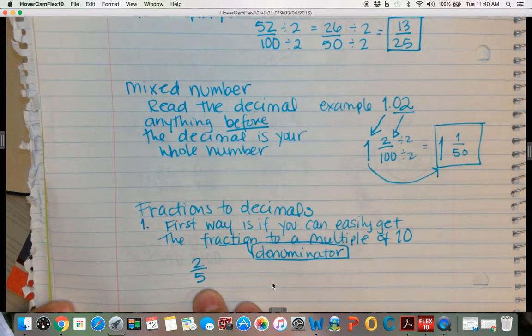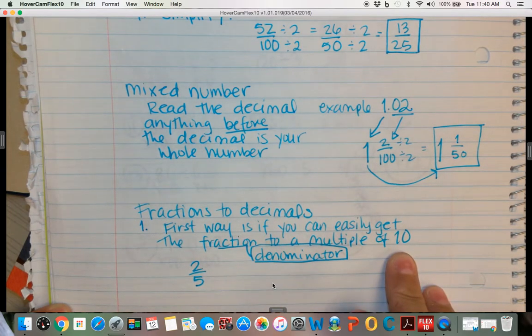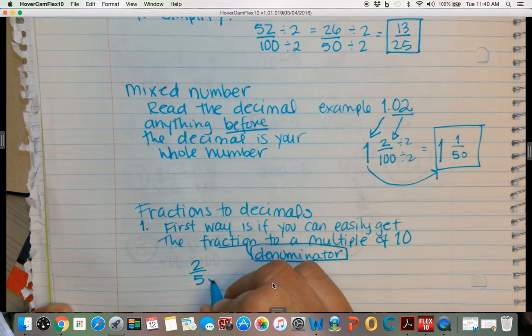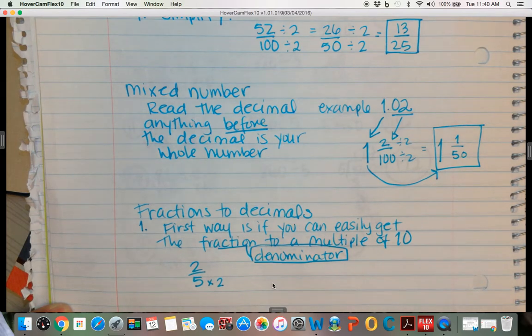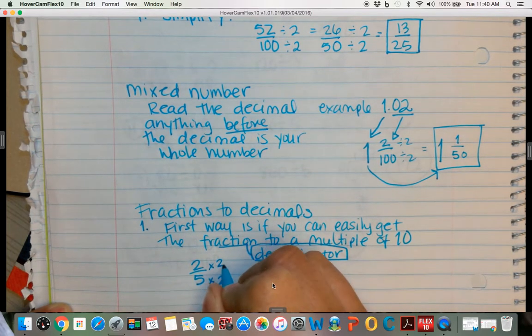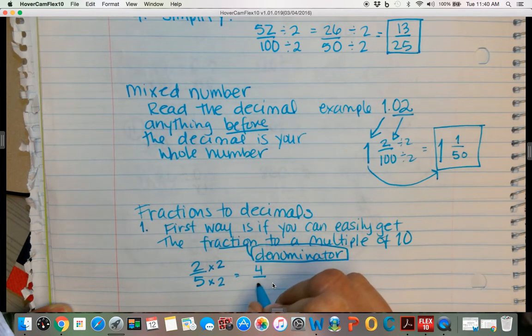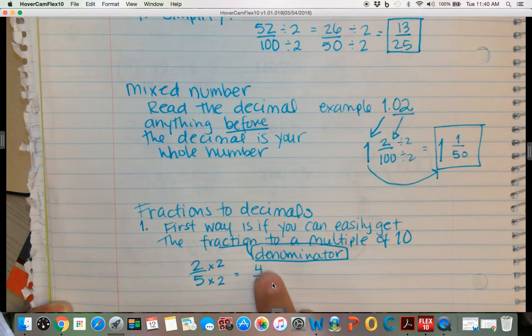I have 2/5. 2/5 can easily be turned into a decimal because the 5 easily gets to 10. The 5 can get to 10 by multiplying by 2. And remember, when I say get to, I mean multiply or divide. We're not adding or subtracting anymore. So if I multiply the bottom by 2, I have to multiply the top by 2. And that gives me 4/10. We know how to read this. 4 out of 10 is 4/10.